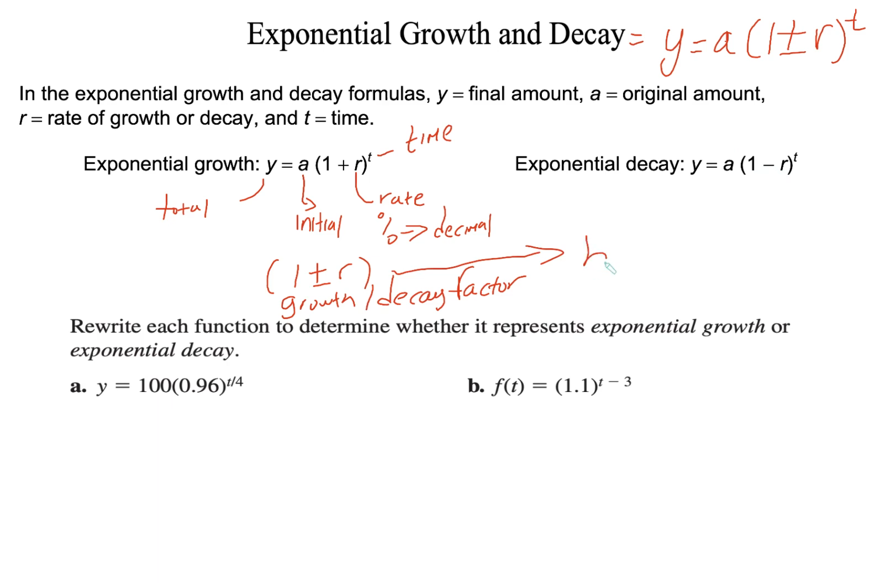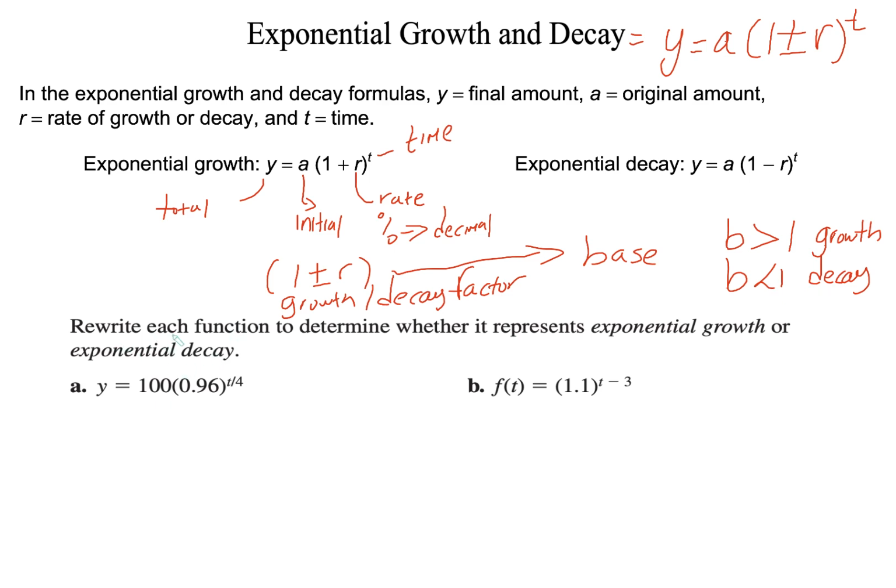So sometimes we call that the base. The base can identify whether you have an exponential growth or a decay. If your base is greater than 1, that signifies a growth. If your base is less than 1, that signifies a decay.